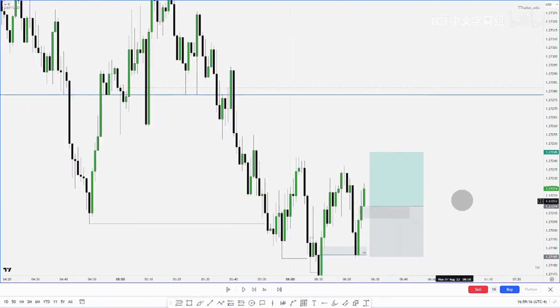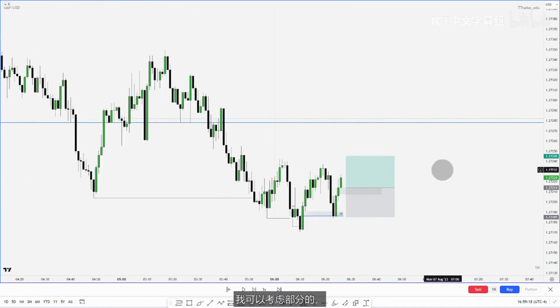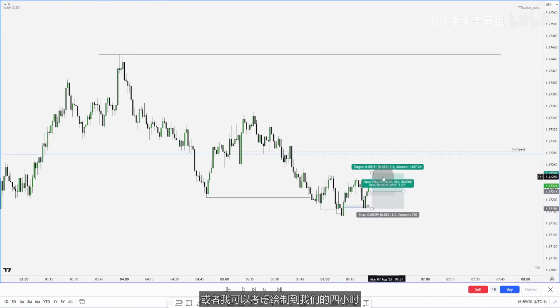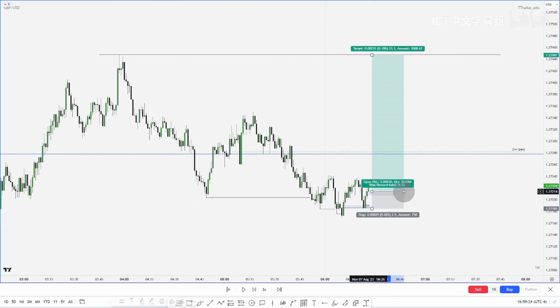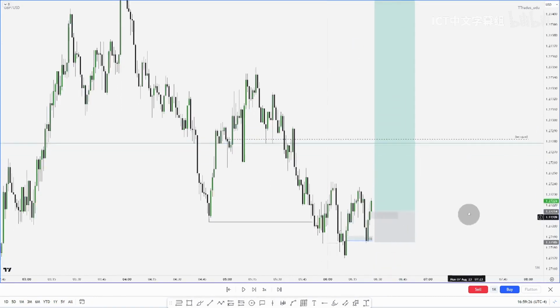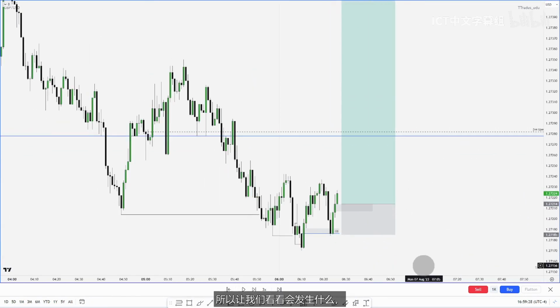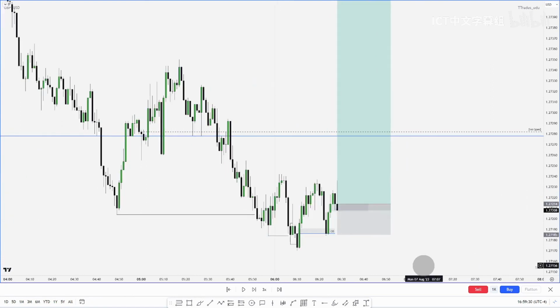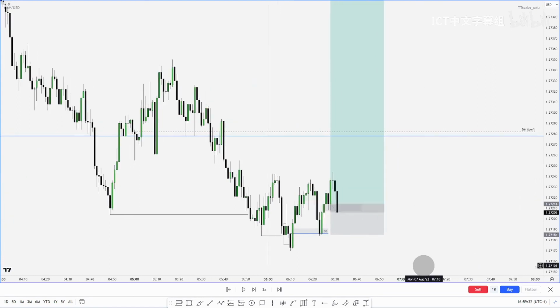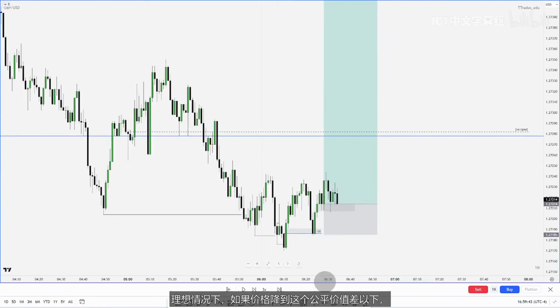I could look to partial, or I can look to draw towards our 4-hour drawn liquidity, right? So let's see what happens. Ideally, if price reaches below this fair value gap here, we want to see this order block respect price.